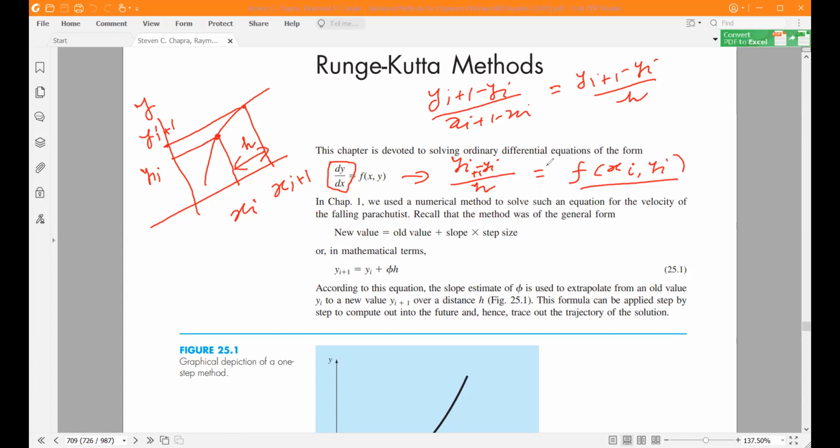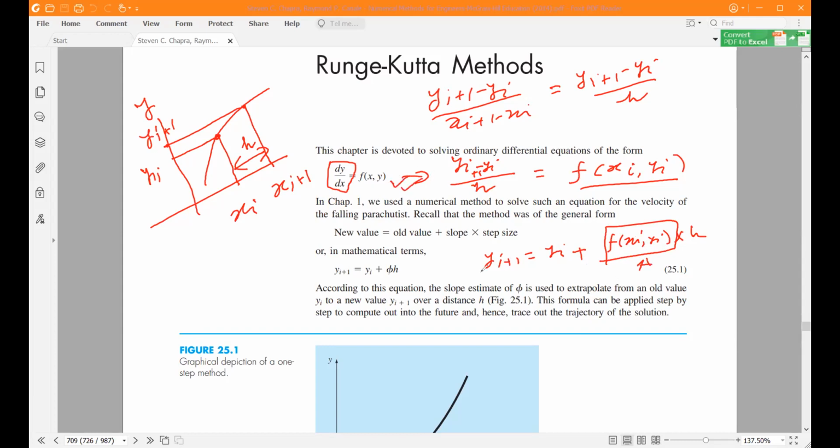If we solve for yi plus 1, then yi plus 1 would be equal to yi plus f of xi, yi multiplied by h, isn't it? And that f of xi, yi is the slope of your function at point xi, isn't it?